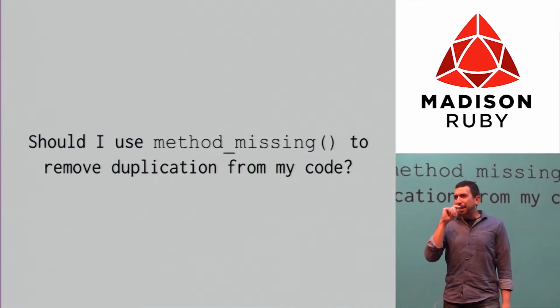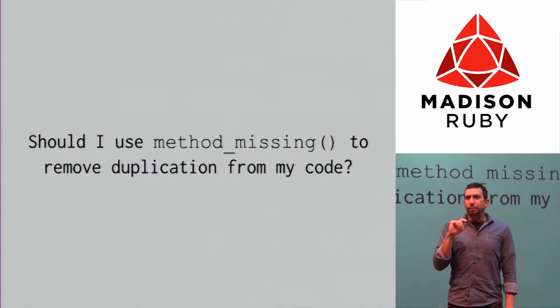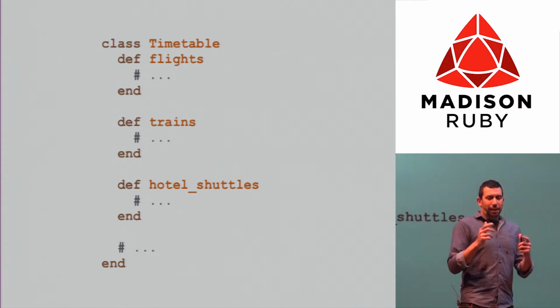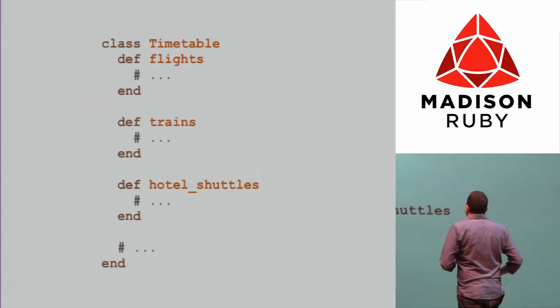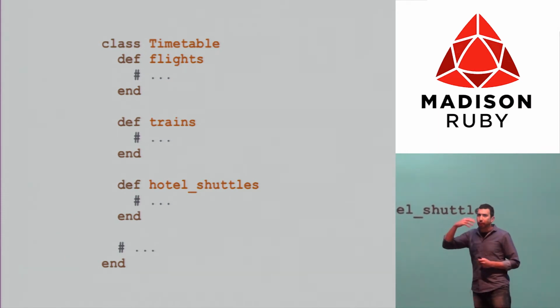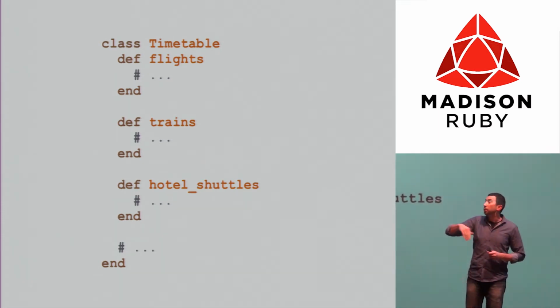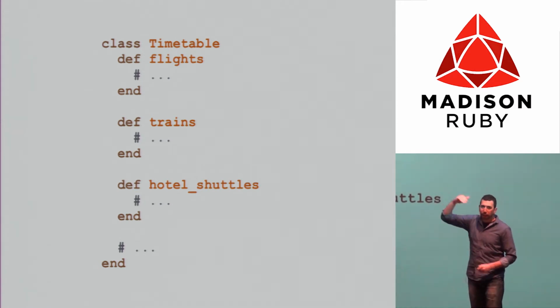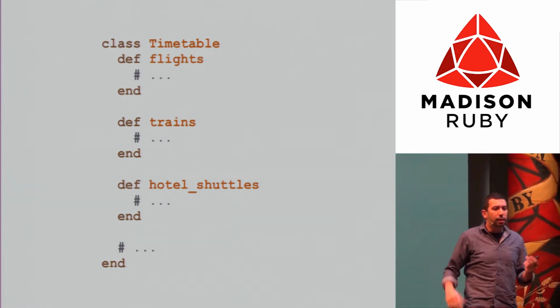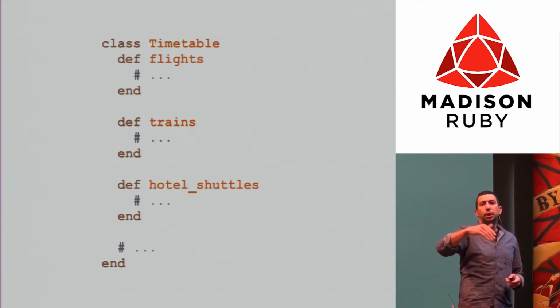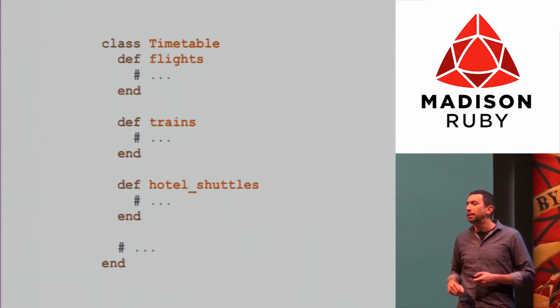And let's come up with a concrete example of that. Silly example: I have a class, like this Timetable thing, that has a few dozens of methods. For example, flights returns a big string with information about flights, I don't know what. Trains, hotel shuttles, what have you, a number of methods.